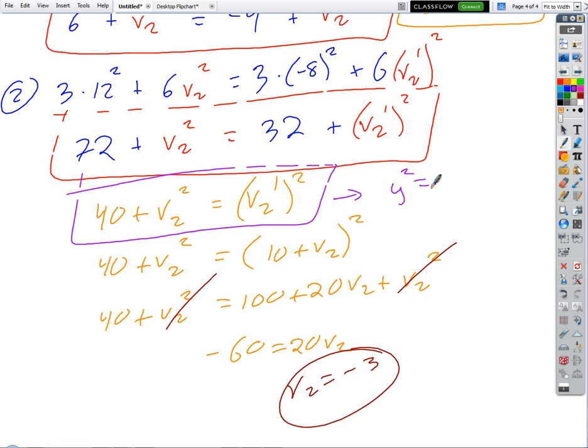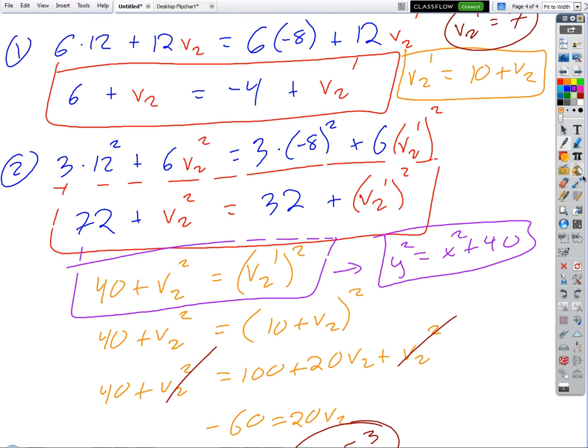So we get y squared equals x squared plus 40 is one equation, and y equals x plus 10. But look, that's not a function. That's going to end up being a hyperbola. So we'd have to solve this for y. If I solve this for y, I get two functions: y equals plus or minus the square root of x squared plus 40.